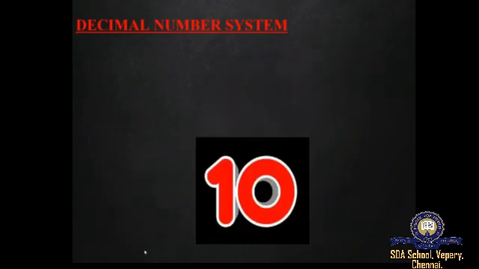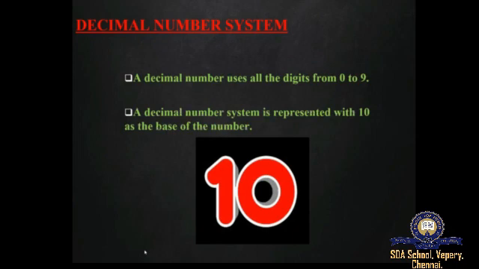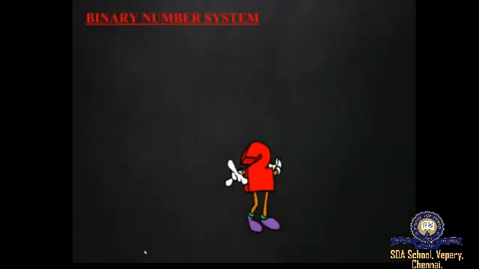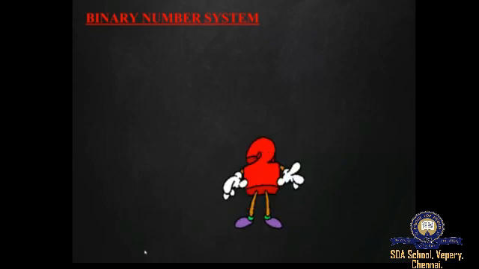Now what is the decimal number system? Can anyone say? Yes, a decimal number uses all the digits from 0 to 9, and it is represented with 10 as the base of the number. Very good. Now, what is the binary number system?